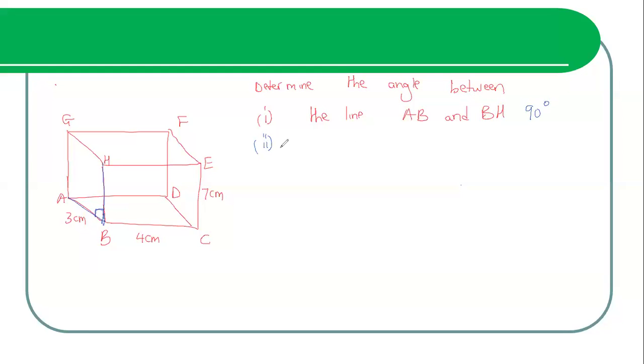Okay, part 2. Part 2, the line BF and the plane ABCD. Let me first invite all of you to try it out. I want you to first try it out, and then we calculate together.